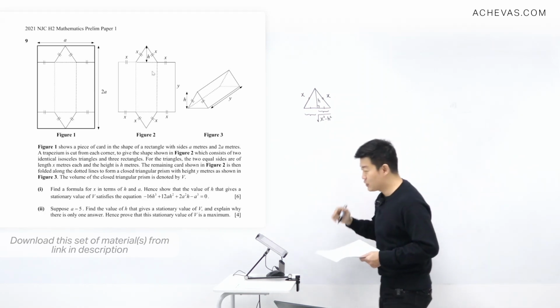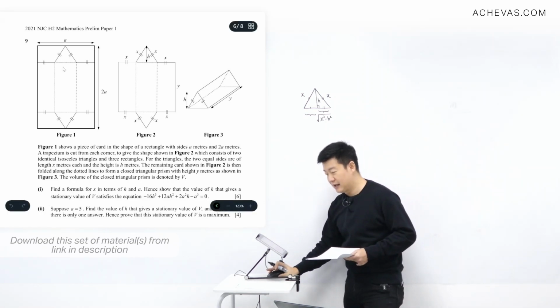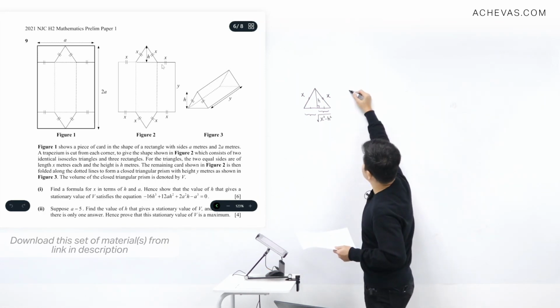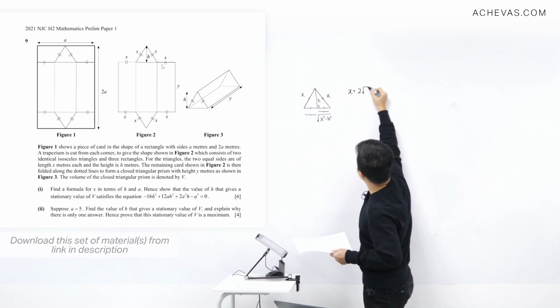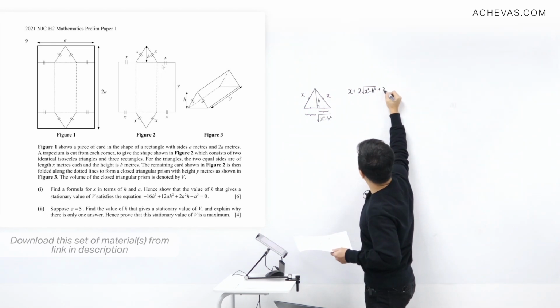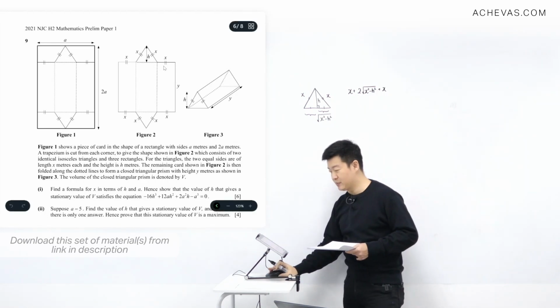Which means that horizontally, this length here is going to be X plus this plus X. So it's going to be X plus this, which is actually 2 times square root of X squared minus H squared, then plus another X, which is this portion here.